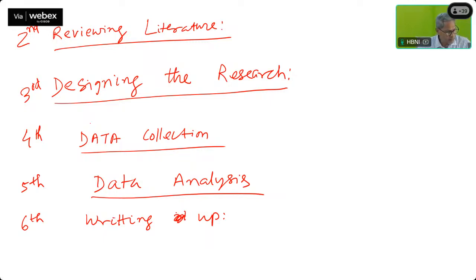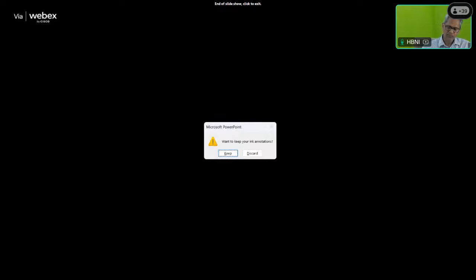And some of the things you must remember while doing research. You must consider the following facts very carefully. The first one is impact of research bias.